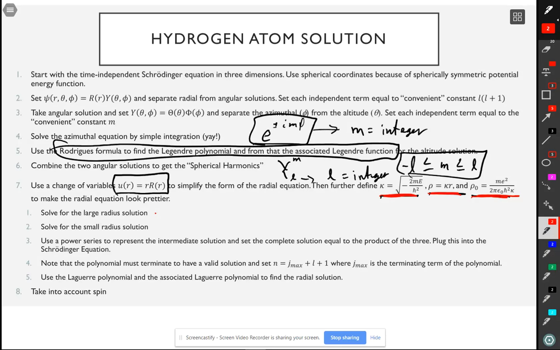That came from putting in the Laplacian for the momentum squared. What we did earlier today, I said momentum squared is momentum x squared plus momentum y squared plus momentum z squared. Well, if you're doing things in spherical coordinates, of course, it's going to be different than x, y, and z. And you can go back to the original definition that kinetic energy is p squared over 2m.